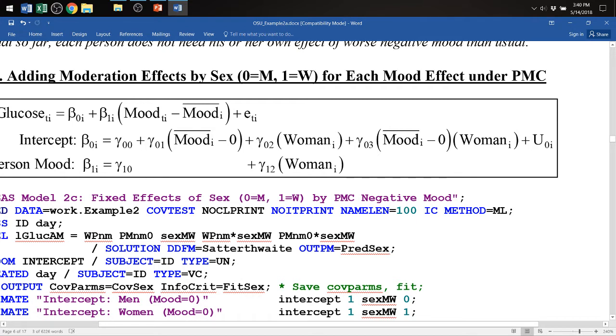So these two new terms both go in the beta 0 line. They predict intercept differences, so they would reduce U0 random intercept variance at level 2. So this is a level 2 main effect, this is a level 2 main effect, and this is a level 2 interaction between two level 2 predictors.